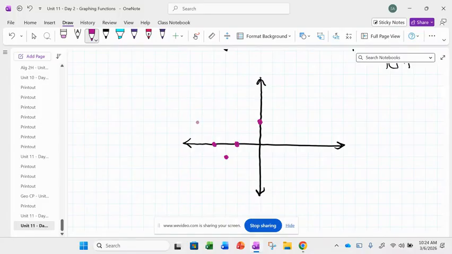So now we sketch this. And we know it looks like a V. So this is my sketch. My V is not the best, but it should be a V. Just steady your hand, it'd be better.